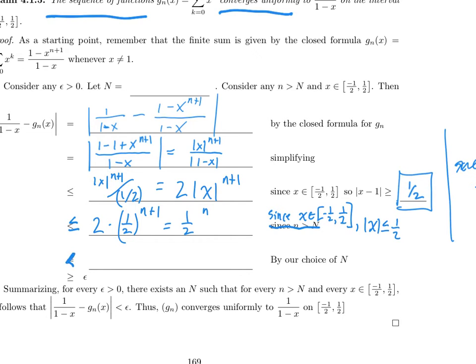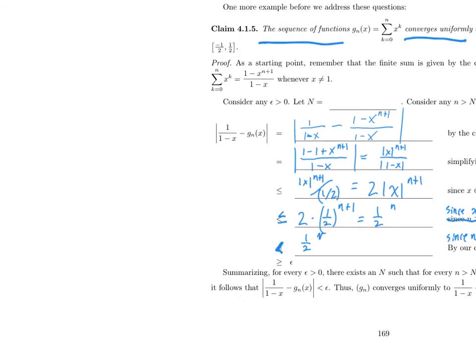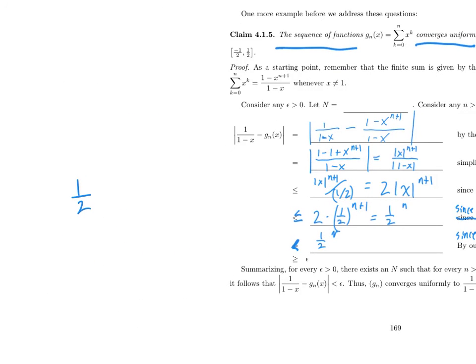I know that I'm going out of order according to the steps, but that's okay. That's less than 1/2 to the power big N, since little n is bigger than big N, and I haven't chosen big N yet, but I think we're ready to.